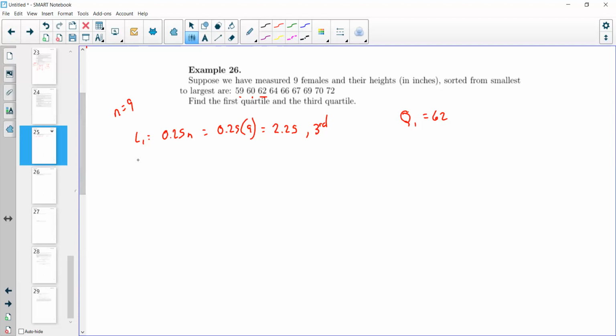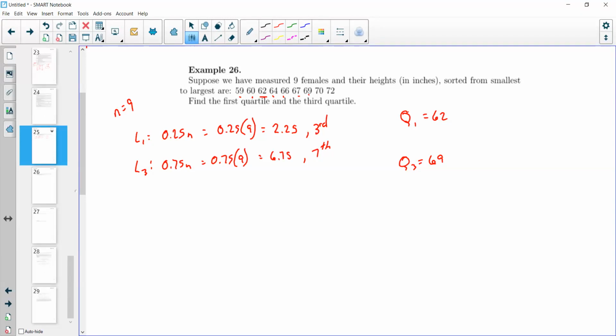Then to find the location of Q3, 0.75 times n, 0.75 times 9, which is 6.75. So we're going to bump it up to the 7th data point, 4, 5, 6, 7. So Q3 equals 69.